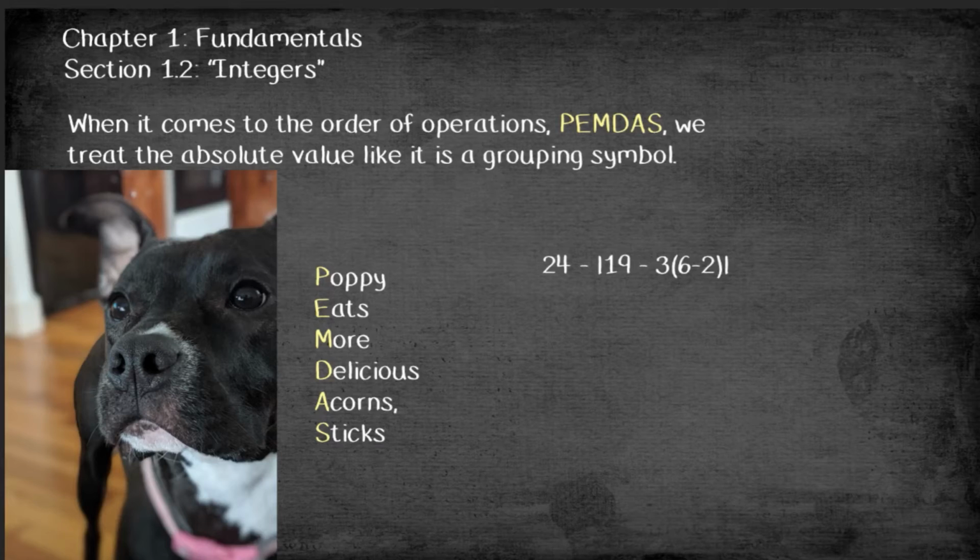So that includes that 6 minus 2 here, and also the absolute value symbol. So let's go ahead and simplify that first expression in the parentheses, which gives us 24 minus the absolute value of 19 minus 3 times 4.